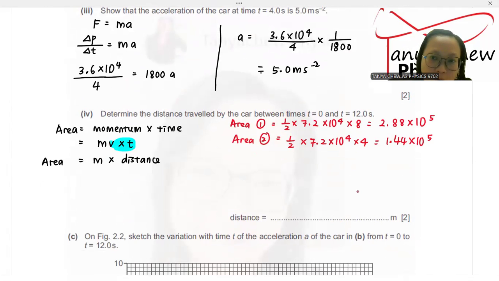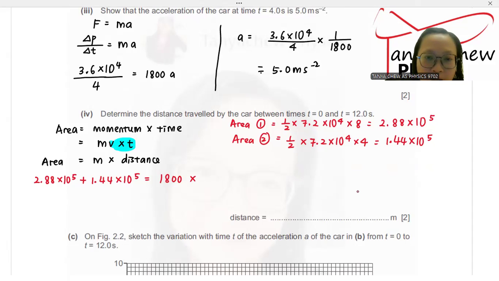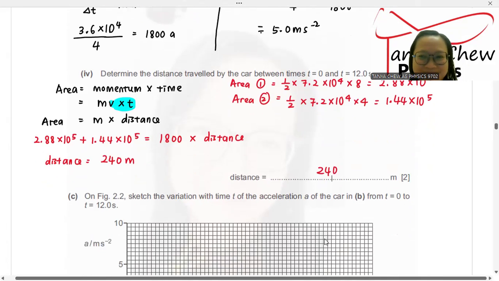So the area would be 2.88 times 10 to the power of 5 plus 1.44 times 10 to the power of 5 equals mass, which is 1,800, multiplied by distance. So you just make distance the subject. Distance is equal to 2.88 times 10 to the power of 5 divided by 1,800, and you get exactly 240 meter. So 240 meter, that's our distance.